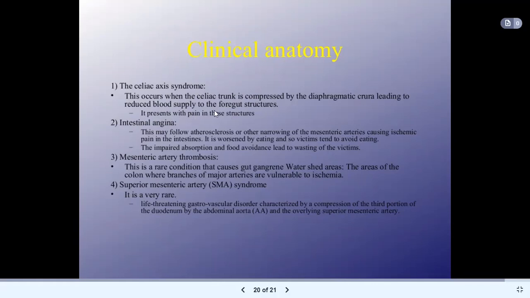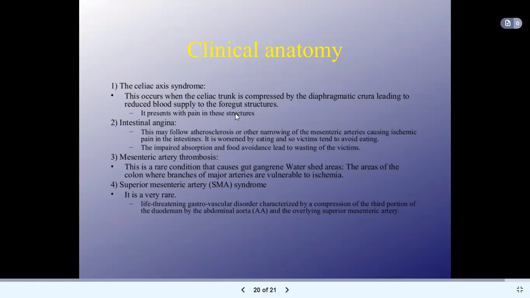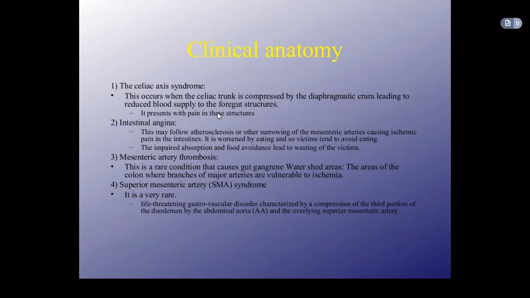So all of these organs, the patient will feel pain in the stomach or pain in the liver just because blood is not getting there. And why is blood not getting there? Because the celiac trunk is compressed by the diaphragm.